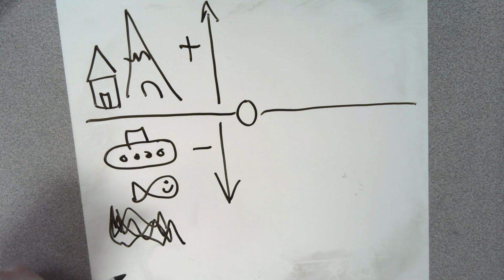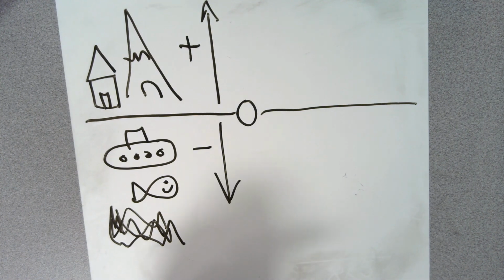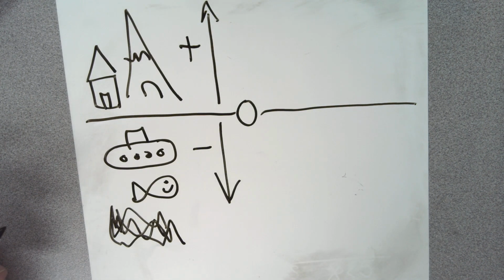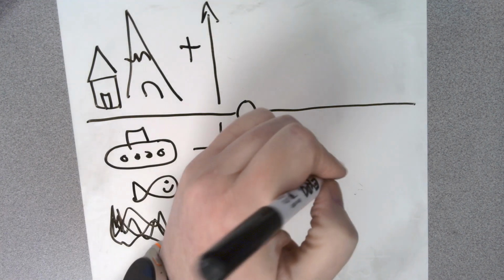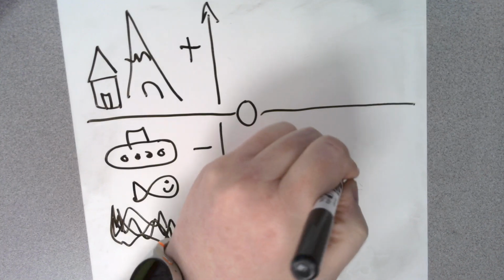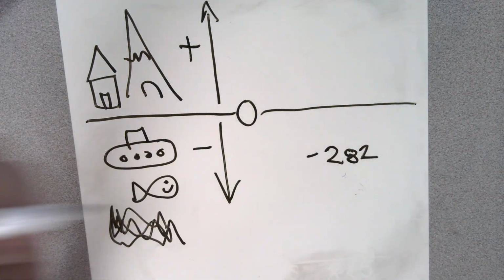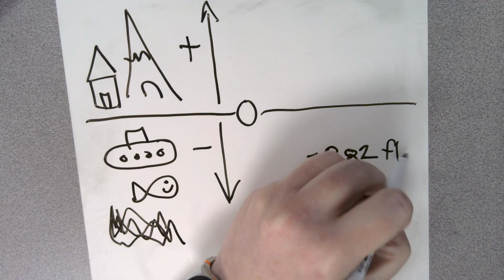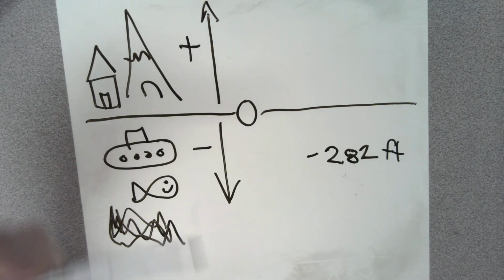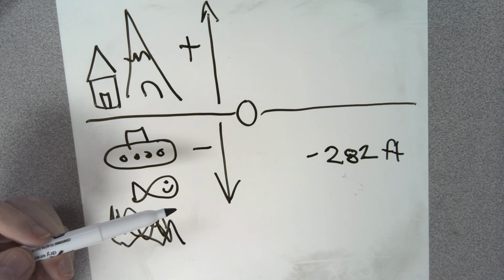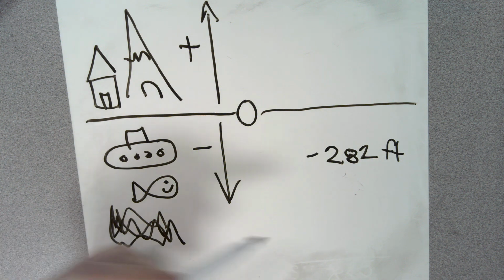So if somebody said, my submarine is at 282 feet below sea level, what is the distance they are? That answer would be negative 282 feet, because it's below sea level. And they say, well, okay, how far is that from sea level?